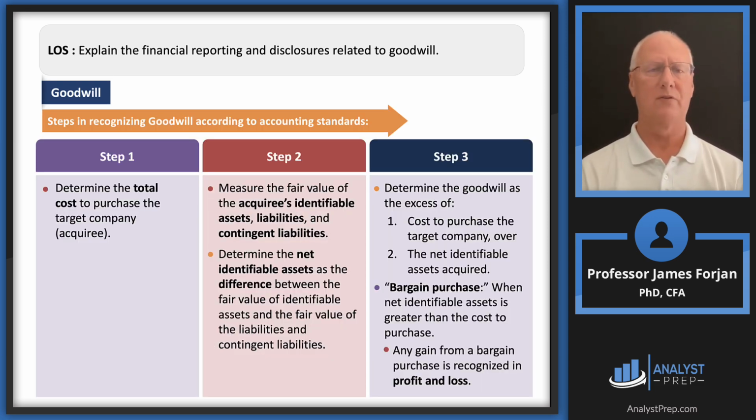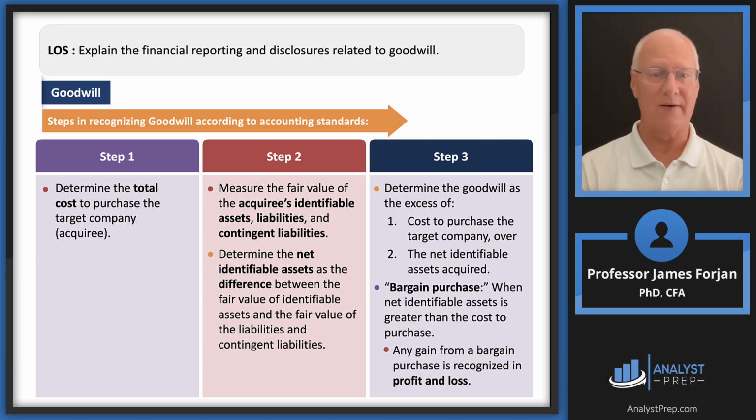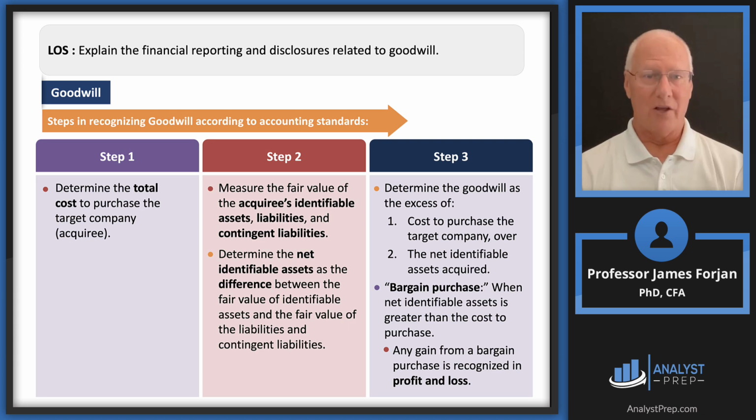So here is just a summary of what I've been talking about, really, over the last 10 or 15 minutes. So step one, determine total cost. That makes sense, right? Measure the fair value. And by the way, measuring fair value and then determining identifiable assets and their value, it relies on some kind of judgment.